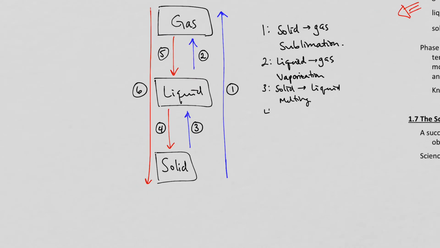Right. Number 4 is liquid to solid. So if we're thinking ice, we're going water to ice, right? What's that called? Freezing. Number 5, gas to liquid, is known as condensation.